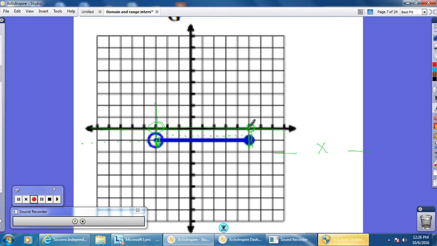And this is a solid circle. So my x is between these two numbers. This is a negative 1, 2, 3. And this is a positive 1, 2, 3, 4, 5. Open circle, closed circle. X is between negative 3 and 5. Easy breezy.